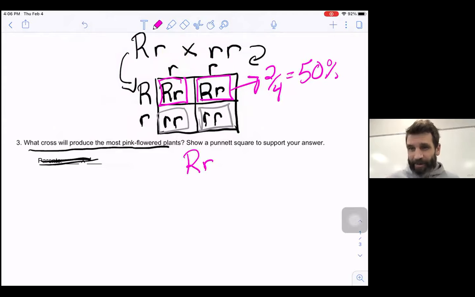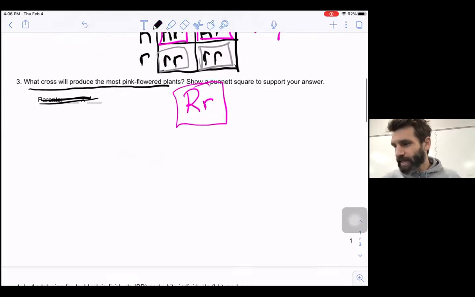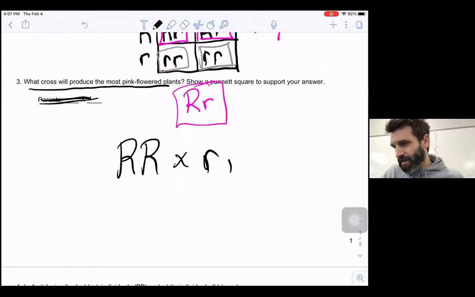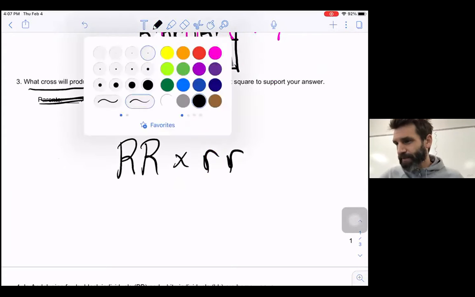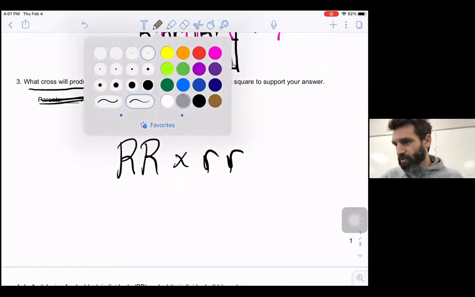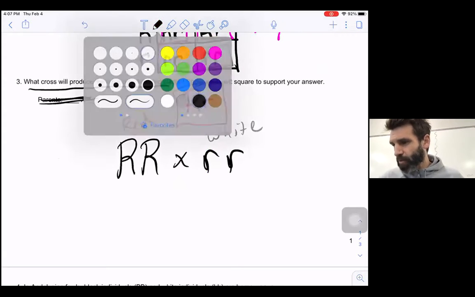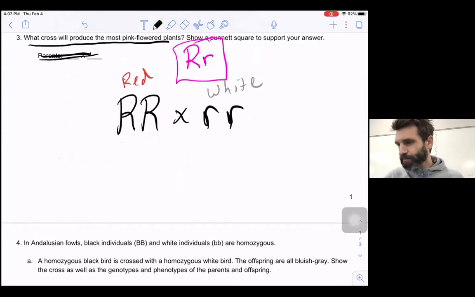And then now, when we come back, let's figure out how to get the most of these. Well, I know the way to get the most heterozygotes is 2 capitals crossed with 2 lowercase. So this is red crossed with white, and we can prove it with a Punnett square here.